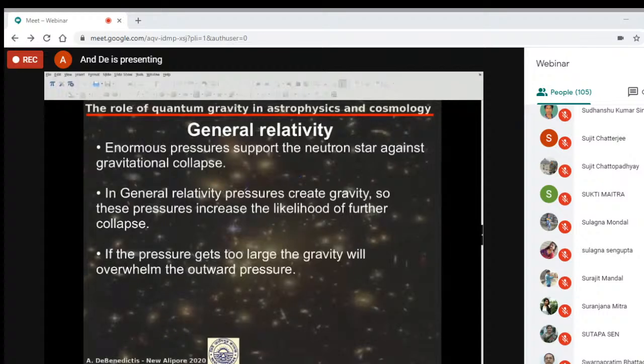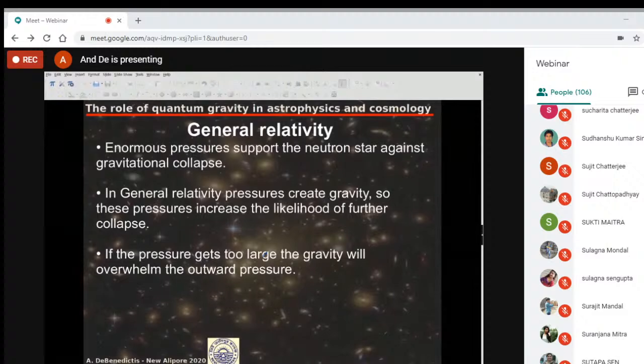One other thing that lives in that mathematical object is the pressure. And that means that the pressure actually creates gravity. So if you have a lot of pressure, as well as a lot of mass density, you're going to get a lot of gravity. And if the pressure gets too large, then the pressure, because it causes gravity, will also cause gravity to get very, very large.